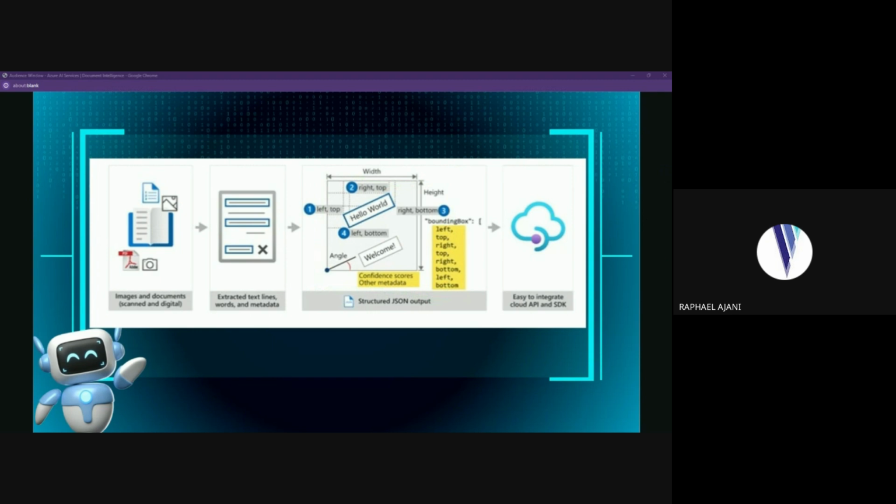Any word that is to the top left, it will assign a value, and that value is called a confidence score. The confidence score is the probability of accuracy of that data extraction. So if you carry out this process and your confidence score is less than, let's say, 0.5, which is 50%, you want to be wary of the quality of that extract.